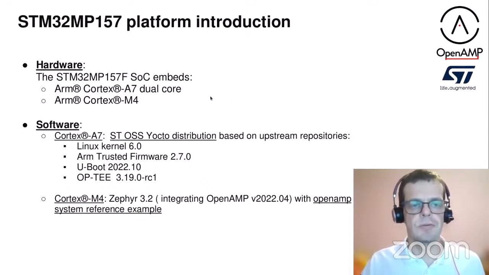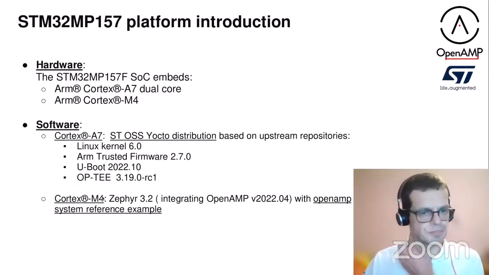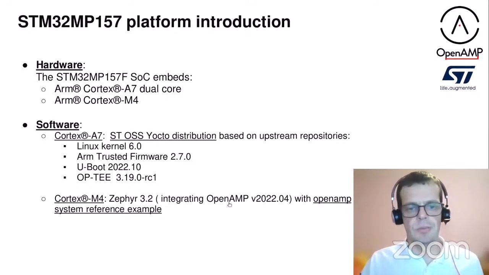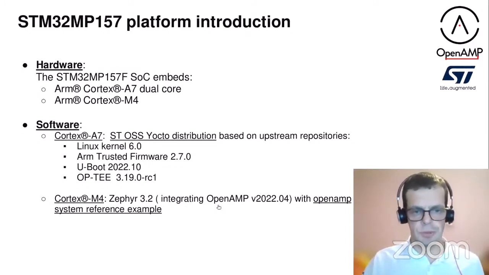On this board, we have the STM32MP157F SoC, which embeds a Cortex-A7 dual-core and a Cortex-M4. The Cortex-A7 will run an ST OpenSTLinux Yocto distribution based on the upstream repositories: the Linux kernel 6.0, the ARM Trusted Firmware, U-Boot, and OP-TEE. The Cortex-M4 will run Zephyr 3.2, which integrates the OpenAMP libraries and an OpenAMP system reference example, which is available on the OpenAMP GitHub.